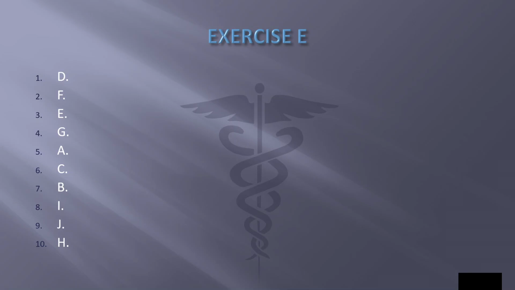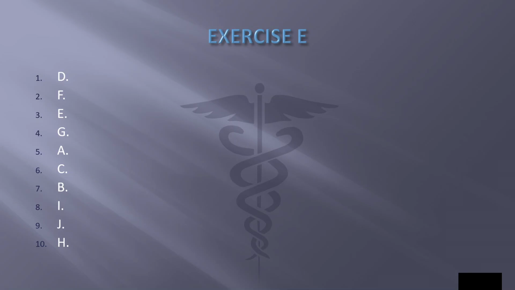Exercise E. Match the pathologic condition in column 1 with its meaning in column 2. Number 1, hepatitis is D. Inflammation of the liver. 2. Cirrhosis is F. Chronic disease of the liver with degeneration of liver cells. 3.